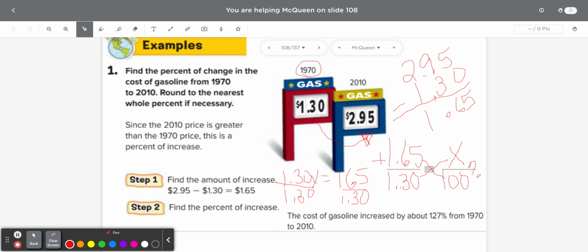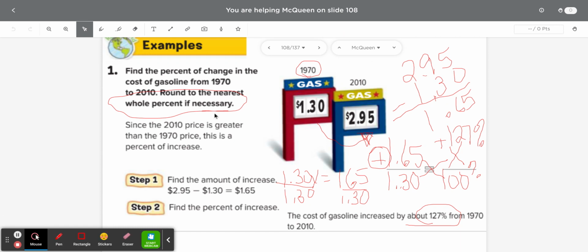We round that because it says round to the whole percent if necessary. And so we see that the cost of gasoline increased to 127%. Now I know it's an increase because over here I said that it went up $1.65. So this is an increase of 127%. So the thing that we need to make sure that we know is whether it's an increase or a decrease, and we need to know the original amount.